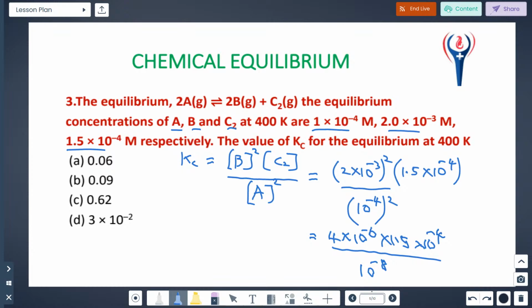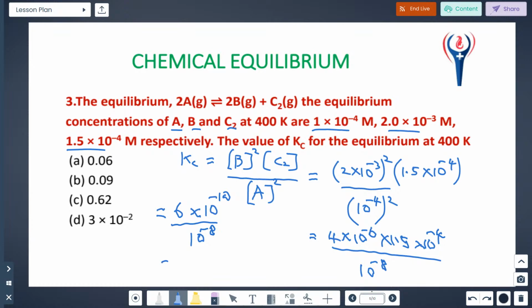Okay, so I'll write it here. Then you just remember 4 into 1.5, that is 6, into 10 power minus 6, 10 power minus 4, so 10 power minus 10, divided by 10 power minus 8.